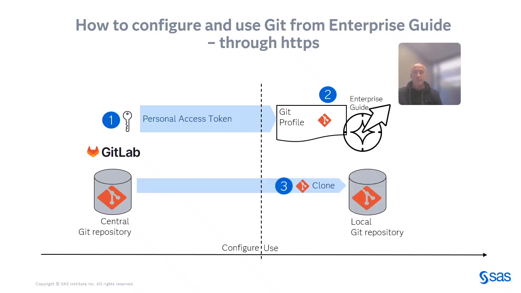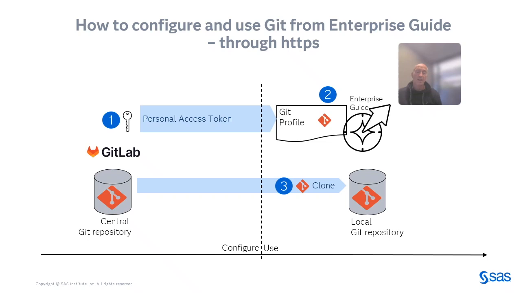And then under this Git connection window, we also have a way to clone Git repositories. So we did that: hit the repositories, hit the plus button to clone a Git repository. I had one available. If you want to create a new one, do that in GitLab. I would recommend that. It's easier than doing it from Enterprise Guide.